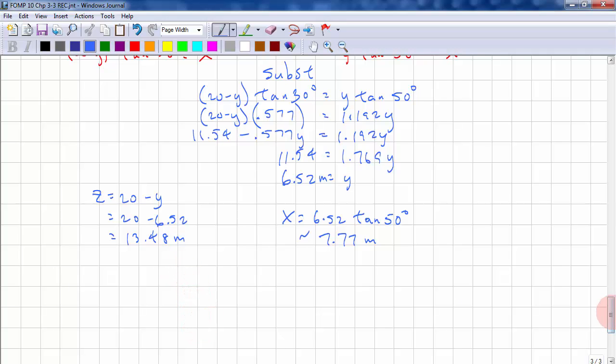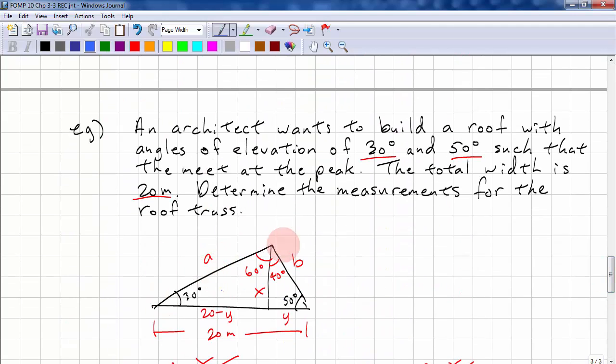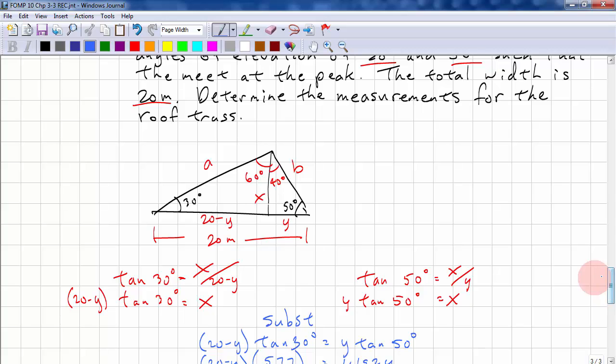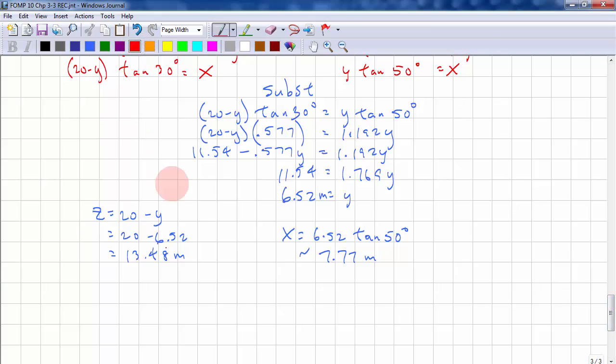And we have two more lengths to figure out, A and B. So A, we can just use hypotenuse. Again, we want to try to use as close to the original number as possible. So sine 30 degrees equals x over A. A equals 7.77 divided by sine 30.